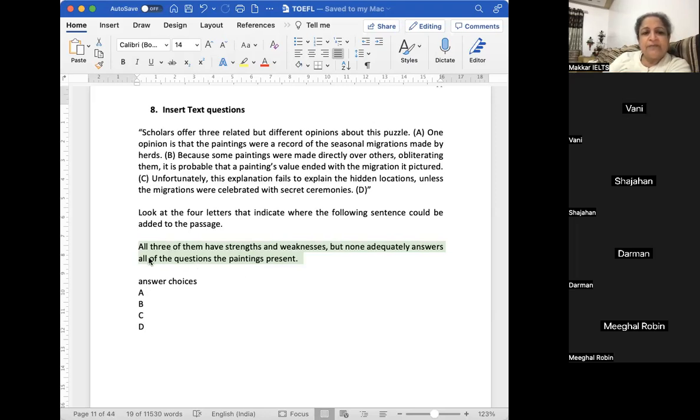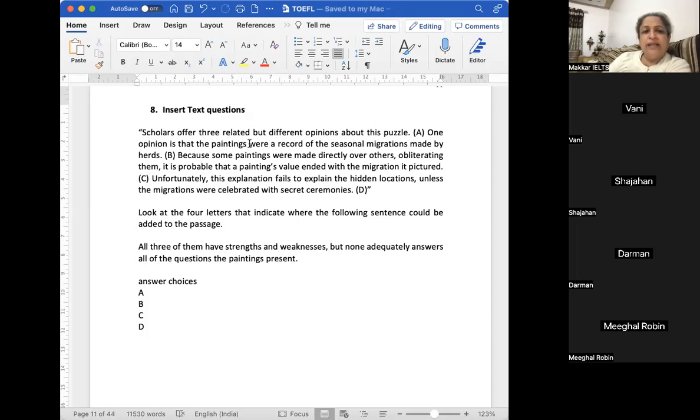So let us see. The sentence is: all three of them have strengths and weaknesses, but none adequately answers all of the questions the paintings present. Now let us read this.